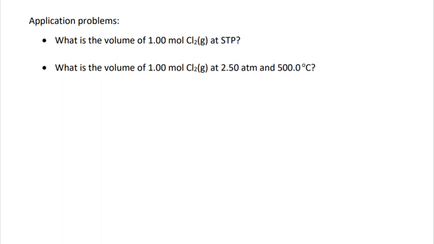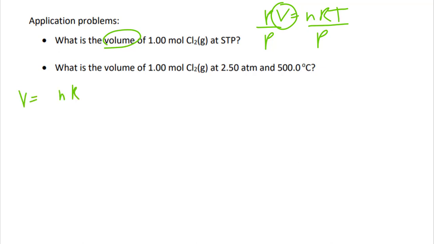So let's try a couple of problems here. What is the volume? Remember, we're using PV equals nRT. It says, what's the volume? That means I need volume by itself, so I'm going to divide both sides by P. Volume is equal to nRT divided by pressure.